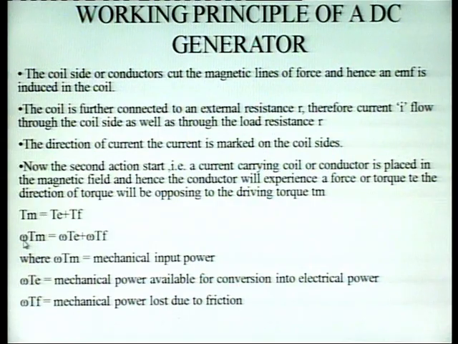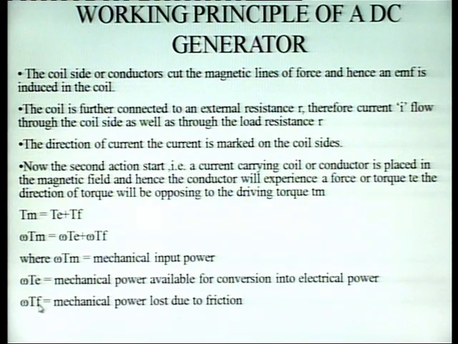Now, if we multiply this relation by omega on both sides, then omega Tm equals omega Te plus omega Tf. Here omega Tm is the mechanical input power, omega Te is the mechanical power available for conversion into electrical power, and omega Tf is the mechanical power lost due to friction.